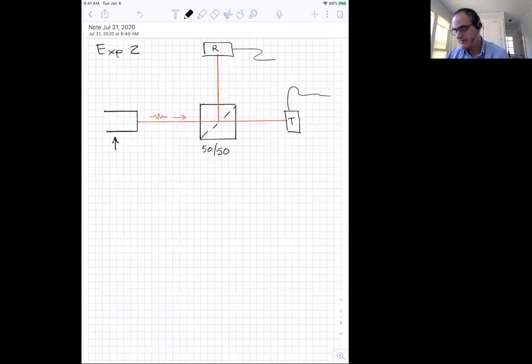We have detectors here, a transmit detector and a reflect detector, which measure to see if an excitation reaches the detectors. And the rules of quantum mechanics tell us that each time we send in a single photon, one of these detectors will fire, but not the other.